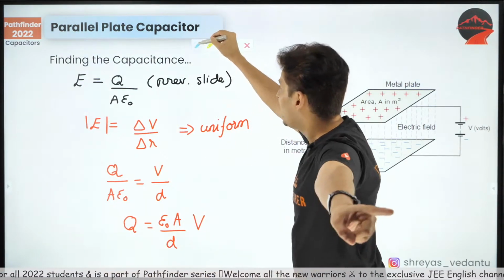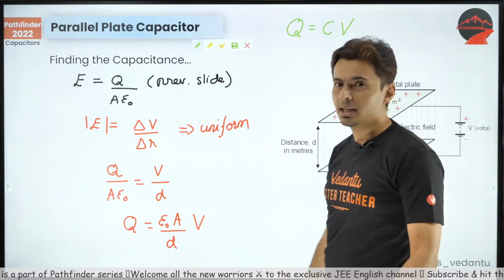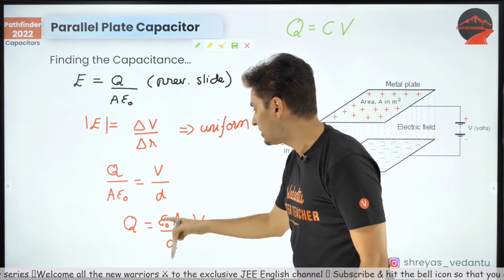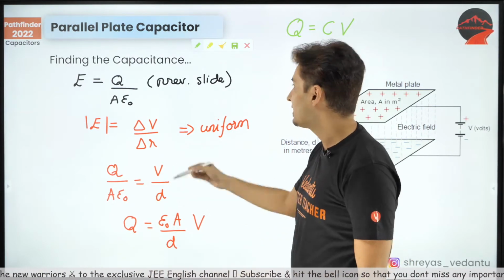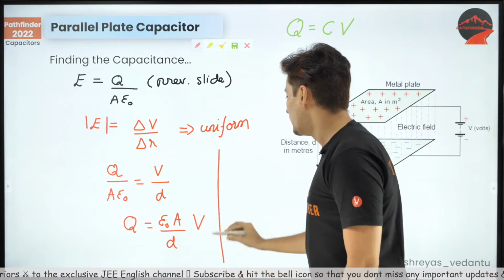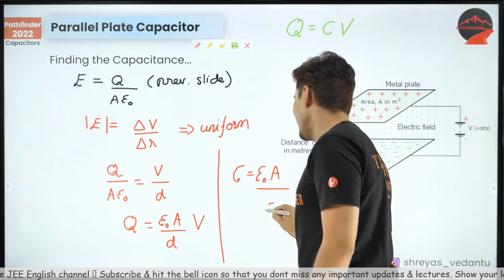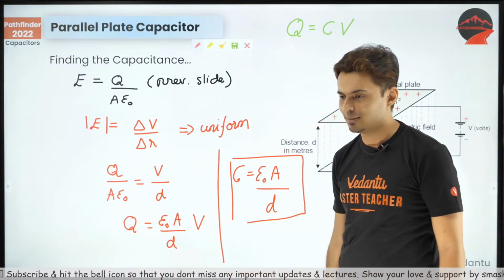Now, just some time back, didn't I tell you Q is equal to CV? Look at this expression. Q is equal to something into V. That means, guys, what does this tell you? C is equal to epsilon naught A divided by D. That's the capacitance of a parallel plate capacitor.